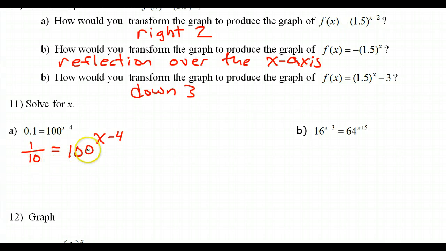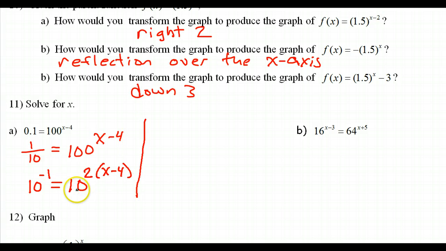I see the 10 happening, and I can write 100 as 10 squared. So I can rewrite 100 as 10 to the second power, but I have to put this x minus 4 in parentheses. And 1 over 10 is the same thing as 10 to the negative 1 power.